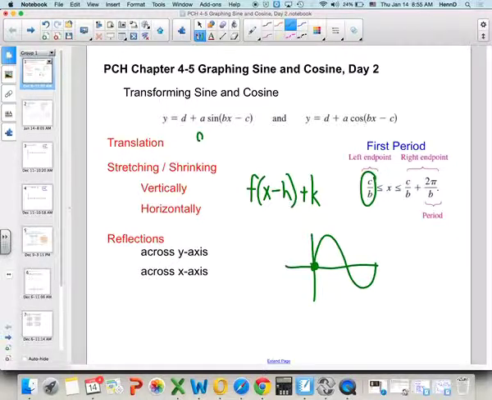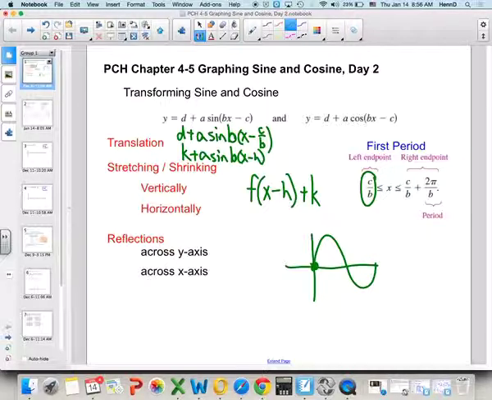Now, another way of writing this would be d plus sine of b parentheses x minus c over b, okay? In fact, if you look at some books, they'll actually do it with the b outside of the parentheses, and then what they'll actually have is k plus a times the sine of b x minus h, okay? Now your book uses this, so that's why I'm showing that to you, but this is also a valid way of writing it.